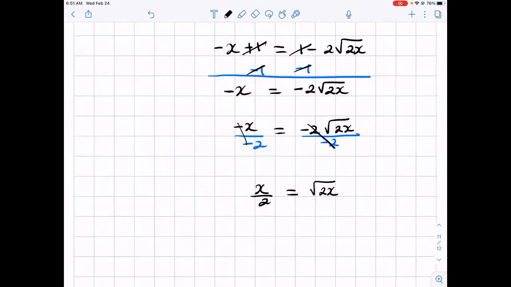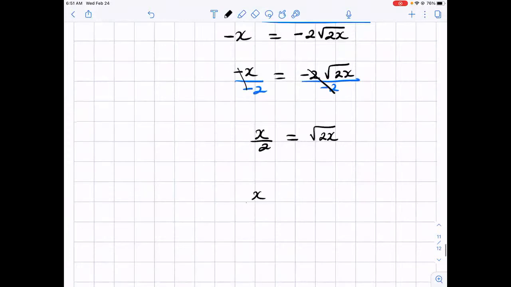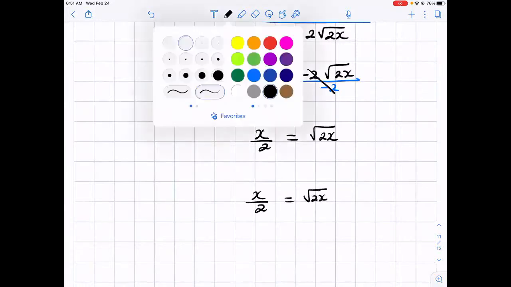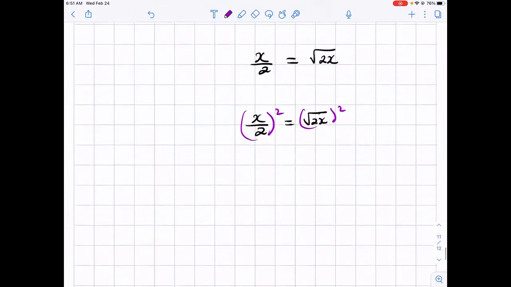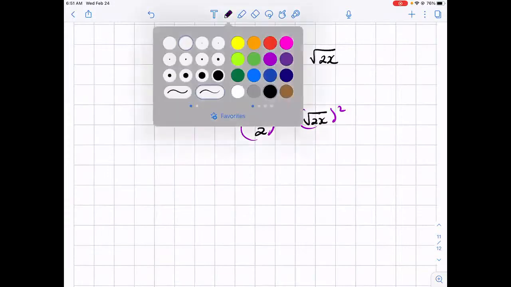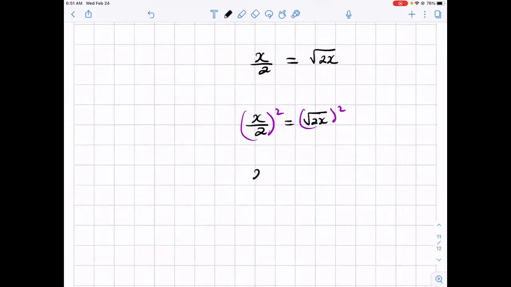And now we can square both sides. If we square both sides, because the radical is by itself, right? So we have here, this becomes x squared over 4 is equal to 2x.